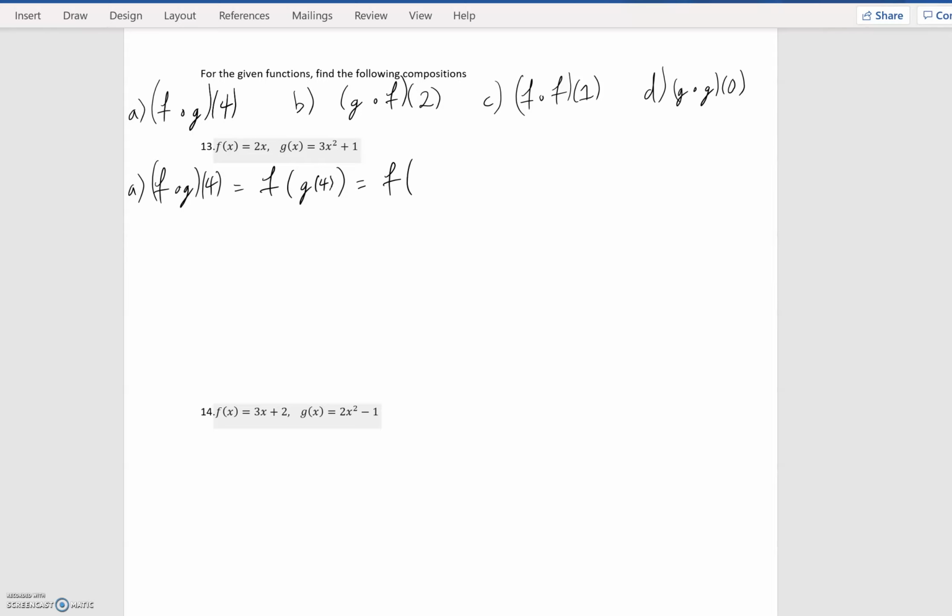So this is f evaluated at 3 times 4 squared plus 1. 4 squared is 16. 16 times 3 is 48. 48 plus 1 is 49. So I now have to look at f evaluated at 49. This equals 2 times 49, which is 98.